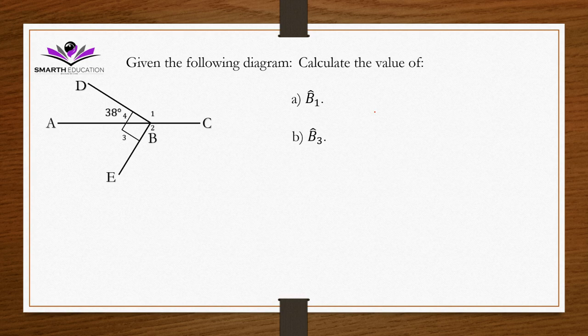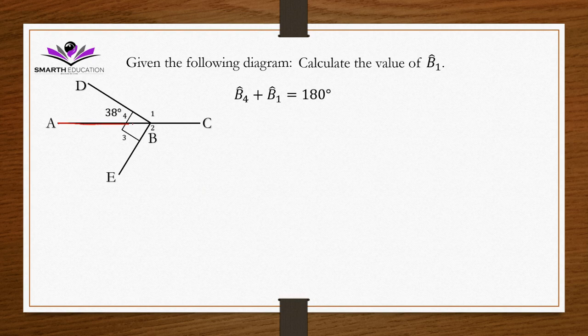Let's do the last one. Given the following diagram, calculate the value of B1 and B3. Let's start with angle B1, and then we find angle B3. Here we have adjacent angles on a straight line. B1 and B4 are adjacent angles on a straight line AC.